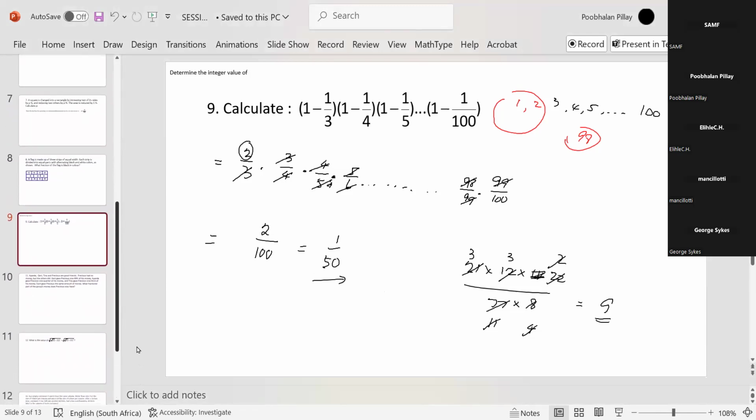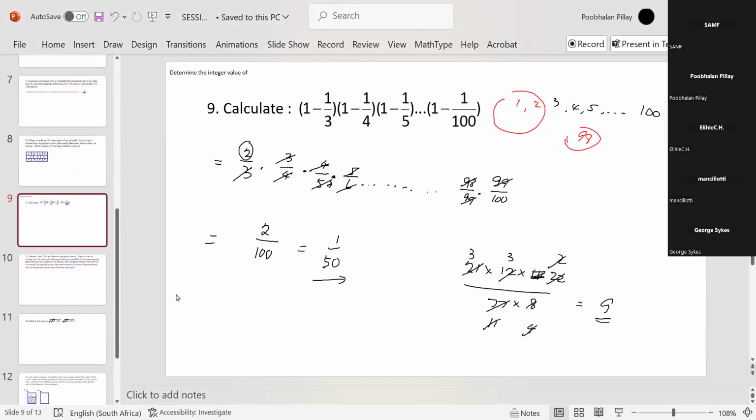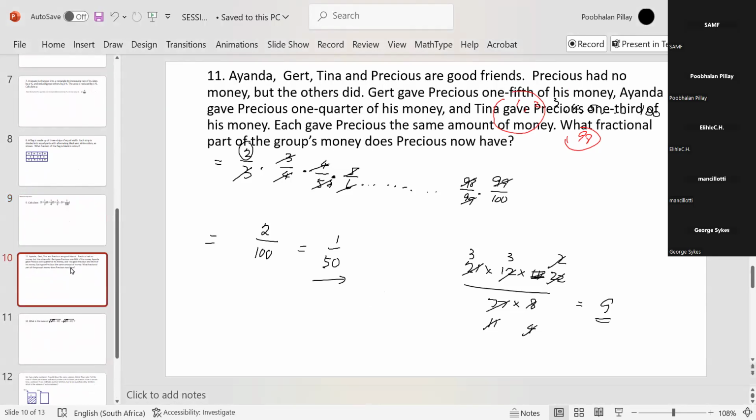Still got four questions to go for 20 minutes. So the harder questions are coming towards the end. Well, not necessarily. I didn't choose them so that they are in degrees of difficulty.